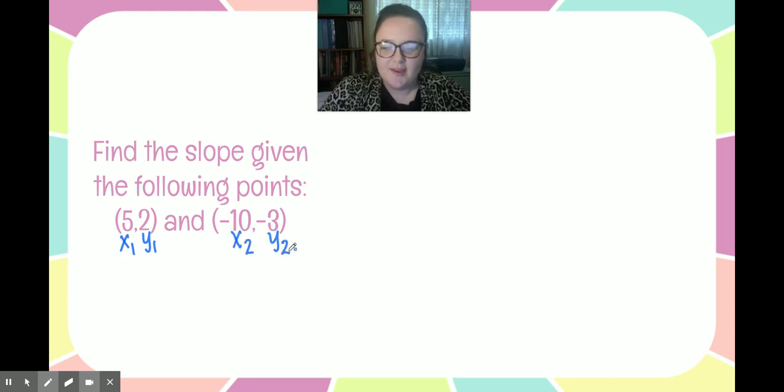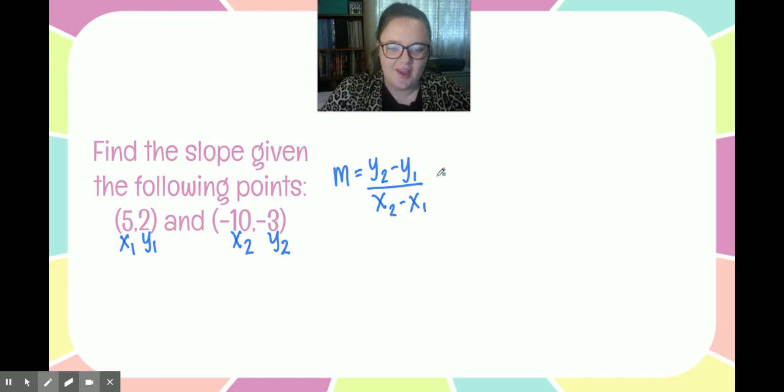We've labeled, we're going to write out our formula, m equals y2 minus y1 over x2 minus x1. And we're going to substitute what we know. So I'm going to fill it in. Y2 is negative 3 minus y1 is 2.